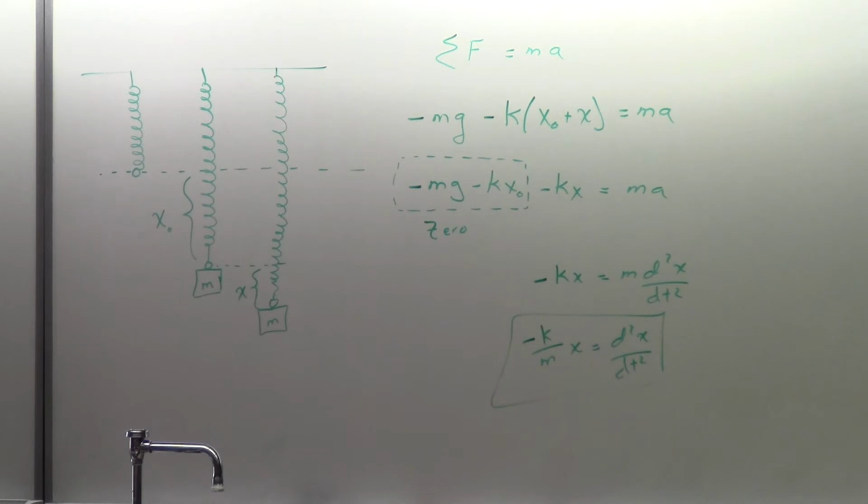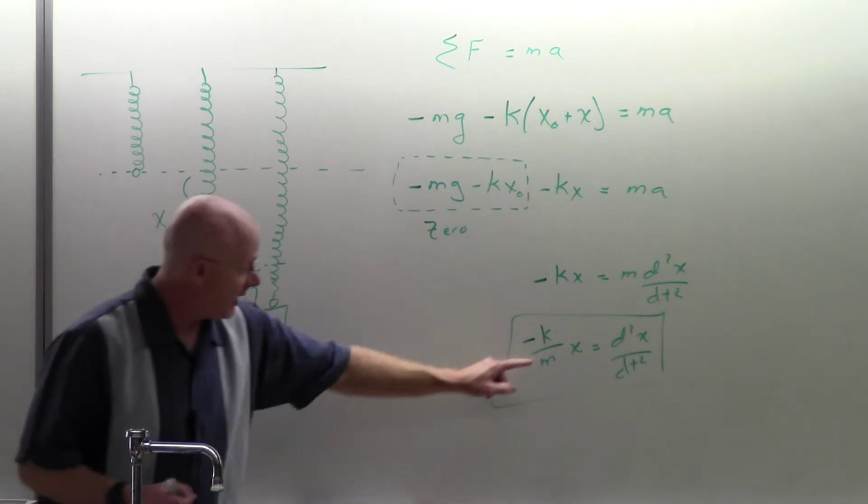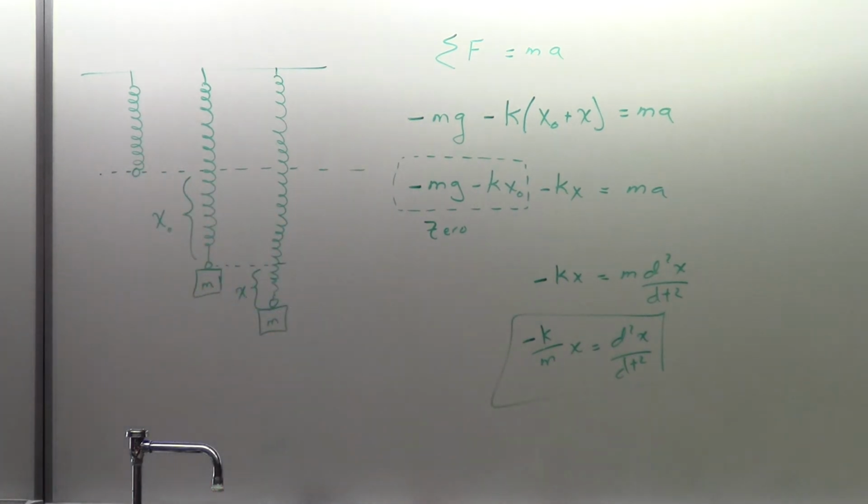But other than that, it would have exactly the same equations because you have exactly the k and the m in front as you did for the horizontal spring. And so again, we can write down the equation for the period of the pendulum. So the fact that the spring is hanging with gravity doesn't change its period or its frequency. And that's kind of interesting to me. Until you stop and think about it.